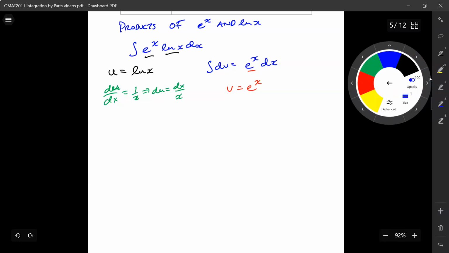So the formula is the integral of u dv is equal to u, which is the log of x, times v, which is exponential x, minus the integral of v, which is exponential x, times du, which is dx over x.